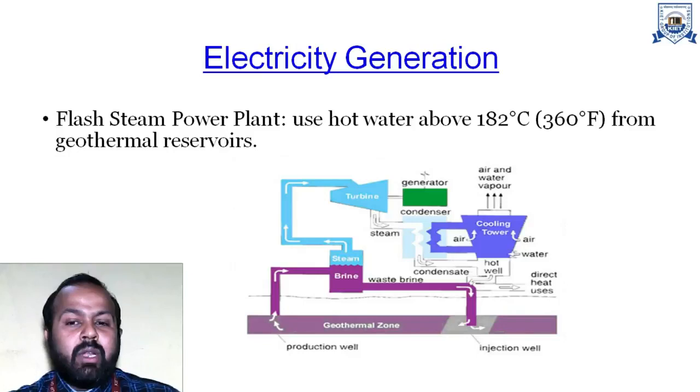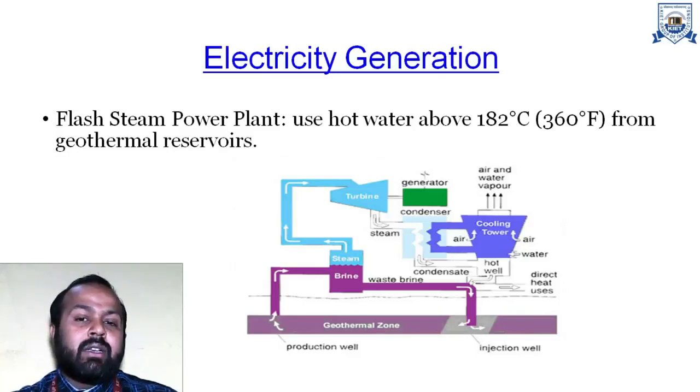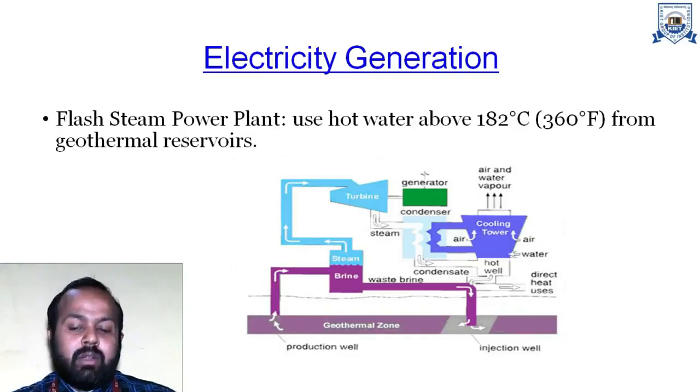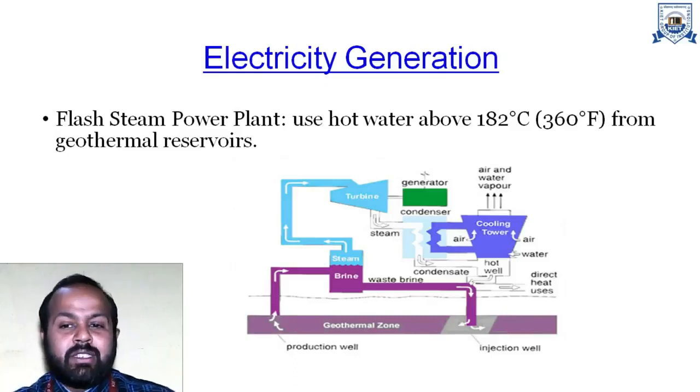So the brine gets heated, then runs the turbine, and water is stored above the brine solution. The steam is heated and pressurized and rotates the turbine, and to the turbine we attach the generator and the condenser assembly.